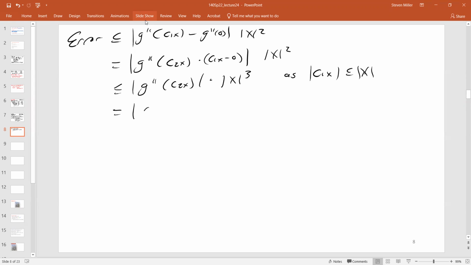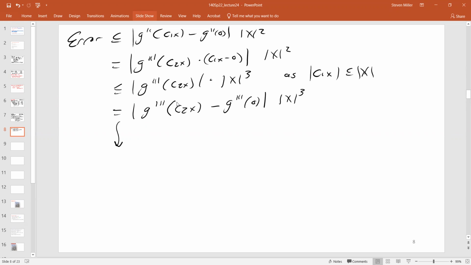But this is just g triple prime. Sorry, at this point it's g triple prime of c2 of x minus g triple prime of 0 times x cubed. And now everything is matching up very nicely.